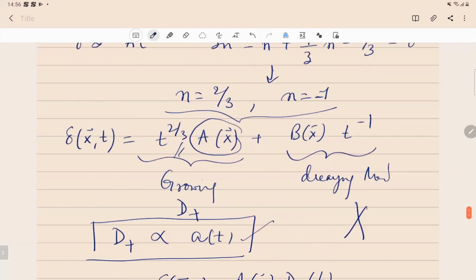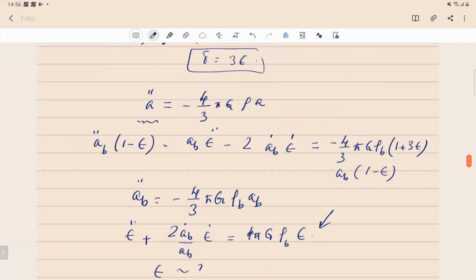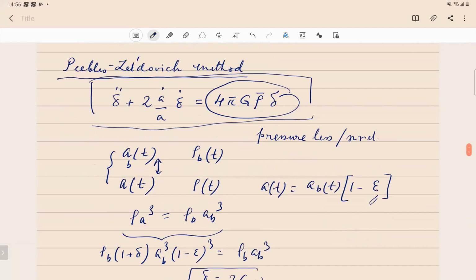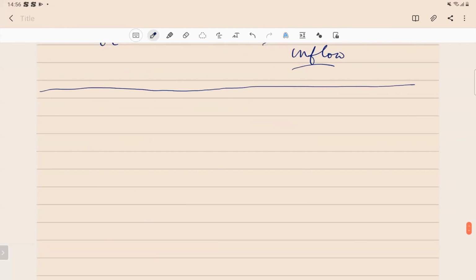So if you see the general form of this equation, you have this term on the right hand side which is sourcing the growth, and that is given by the gravitational potential, and we have already used the Poisson equation, but let's study it in some detail. So we have the Poisson equation, which is given by del squared phi equals 4 pi G a squared rho bar, and we are only interested in dark matter as of now.